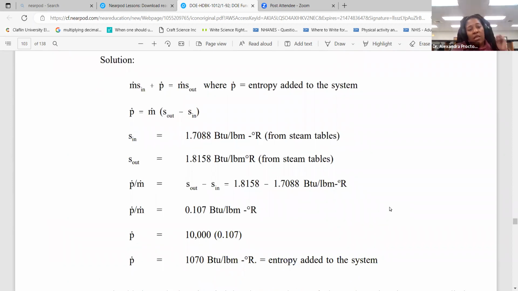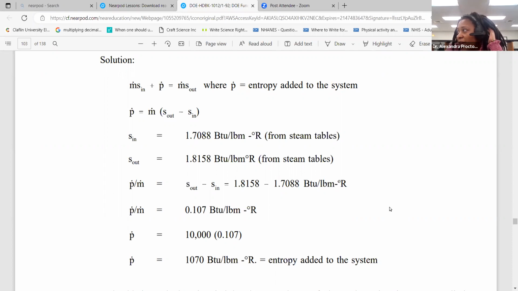In order to solve this problem, they use the equation that was aforementioned, where m s_in plus P is equal to m s_out, where P is the entropy added to the system. Normally, when they represent entropy, don't get it confused, they use S. In this case, they were using S to represent other things.